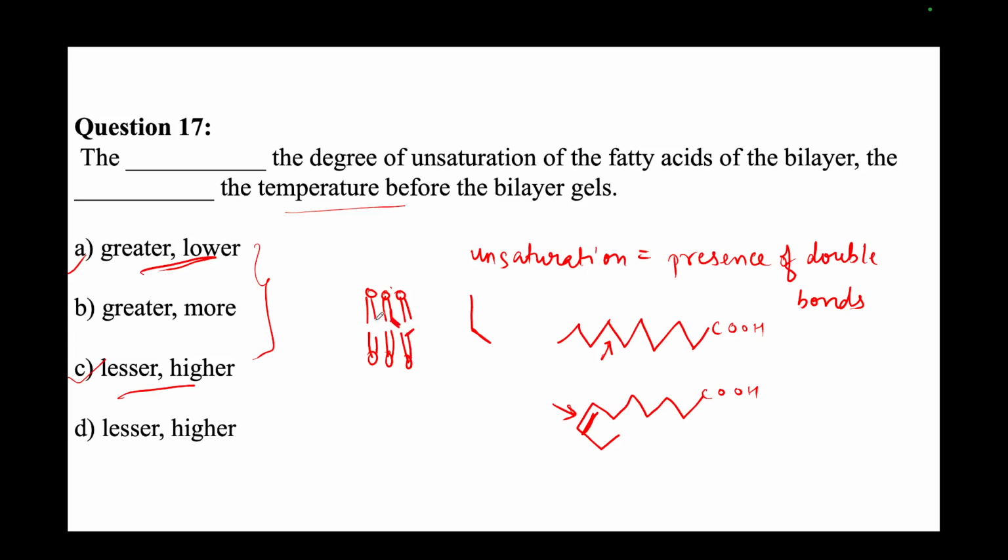Okay, and it will require less temperature for it to become more and more fluid. So greater the number of unsaturation, lower the temperature, or lesser the number of unsaturation, higher would be the temperature before the gelling or the fluidity of the membrane starts increasing. Okay.